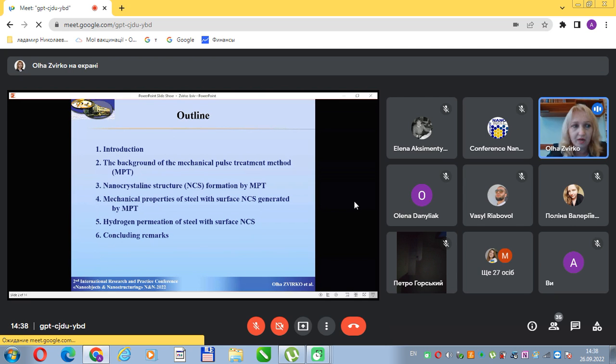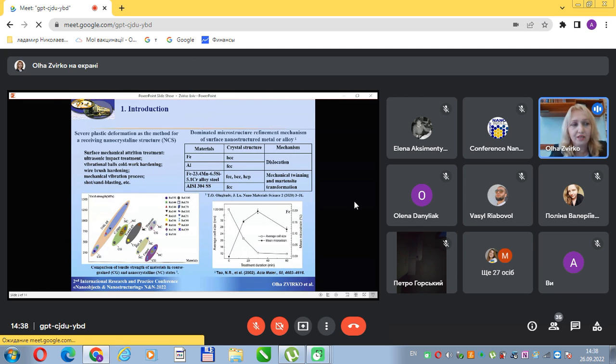Surface nanocrystallization of structural steels is becoming an effective technique for improvement of the mechanical properties and also protection of the metal surface of engineering components. And grain refinement is commonly induced by severe plastic deformation treatment methods, and here we can see some of them.